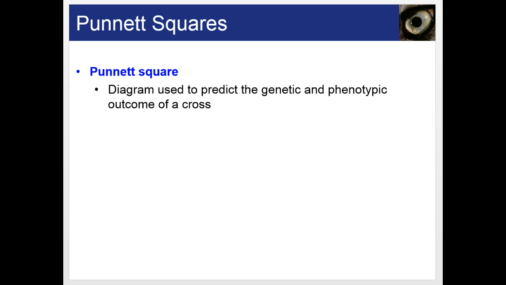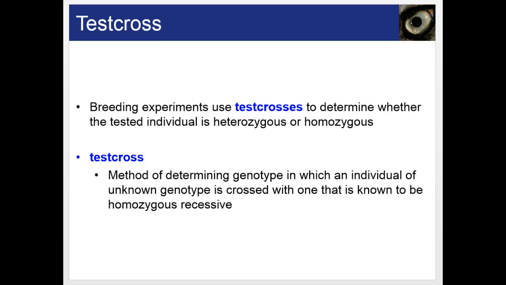A Punnett square is used to predict the genetic and phenotypic outcome of a cross. Breeding experiments use test crosses to determine whether the tested individual is heterozygous or homozygous.